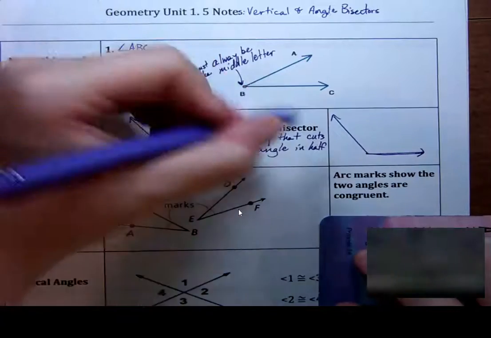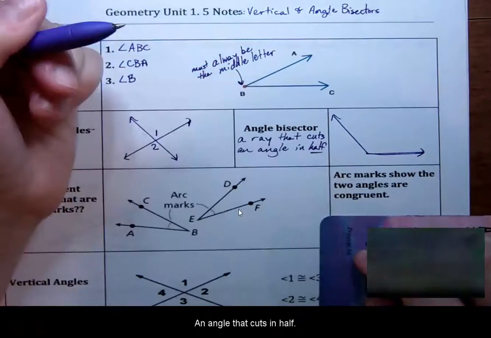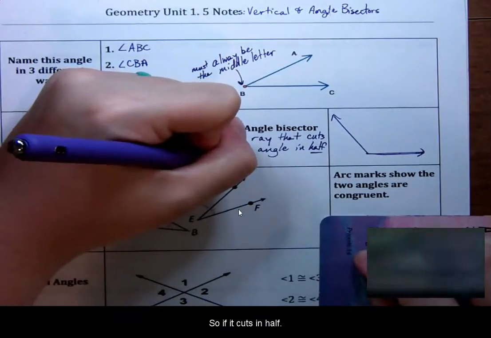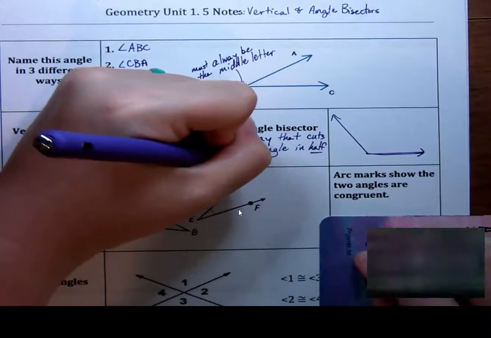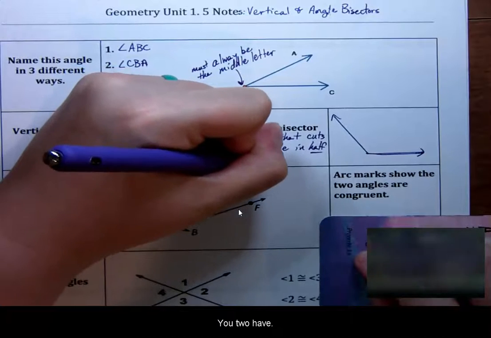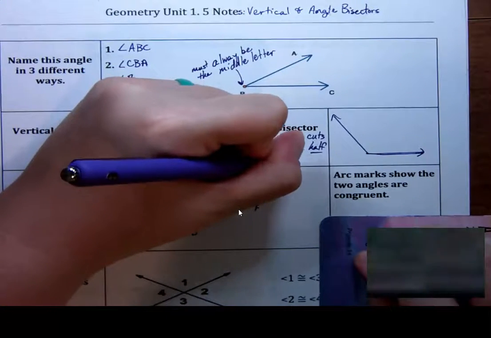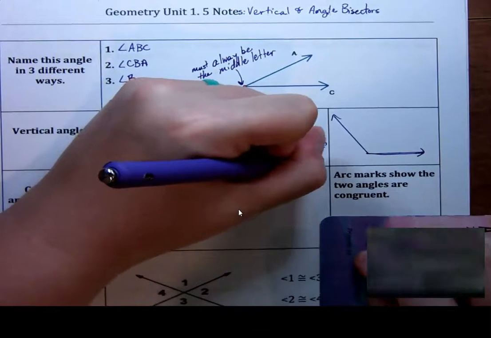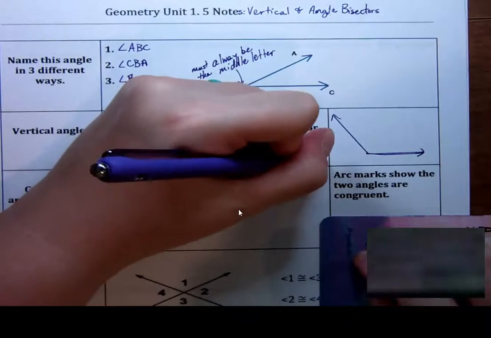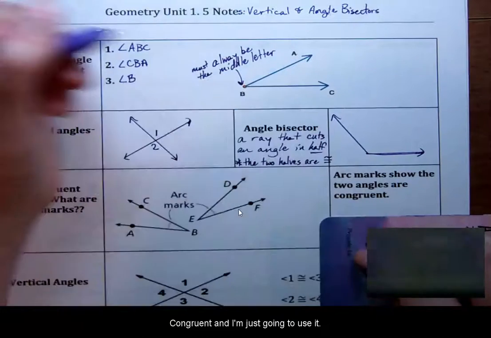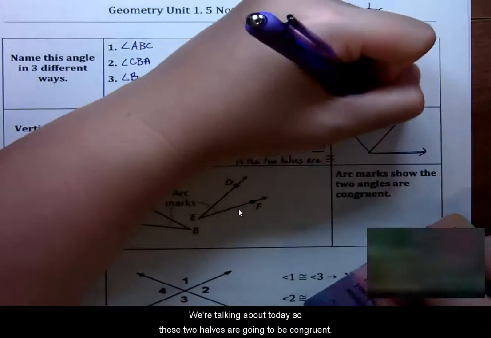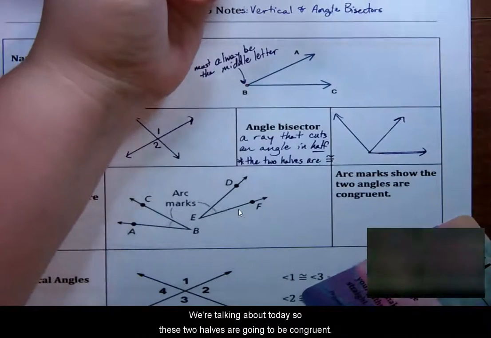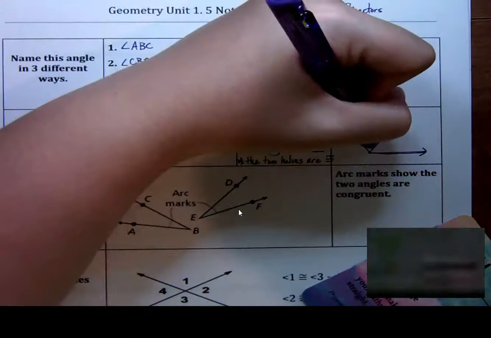And so an angle that cuts in half. So if it cuts in half, the 2 halves are congruent, and I'm just going to use a congruent symbol. Now that's very important for what we're talking about today. So these 2 halves are going to be congruent.